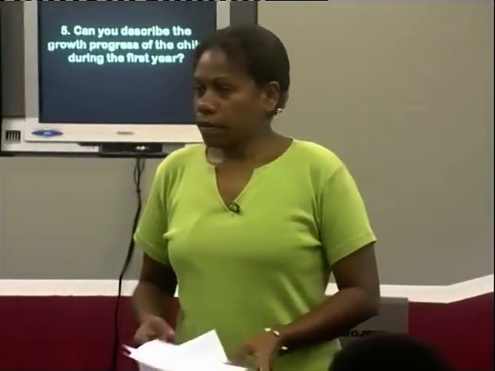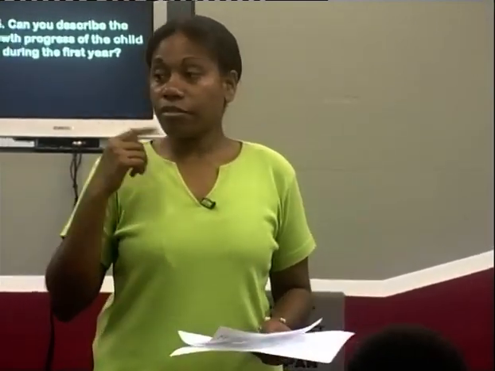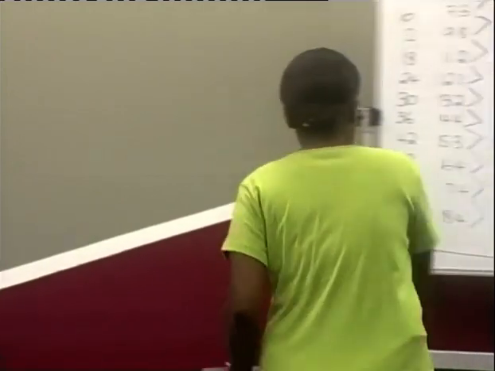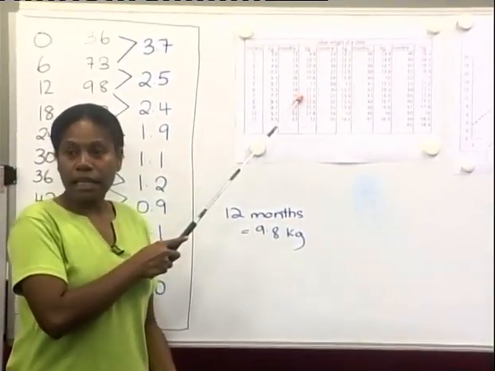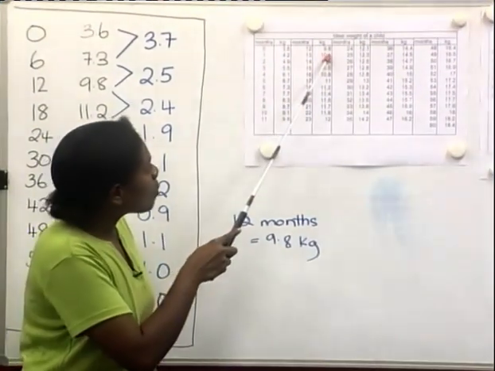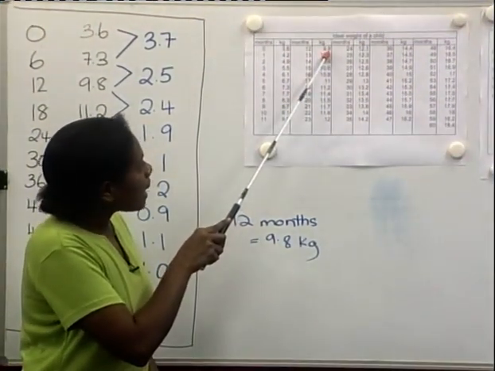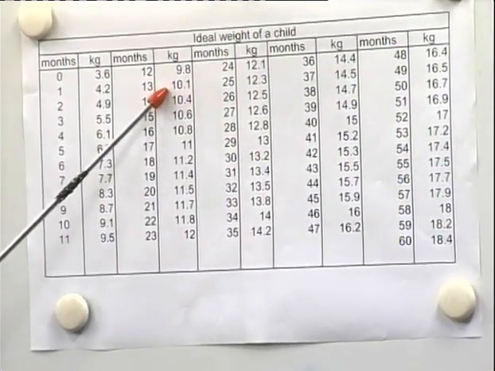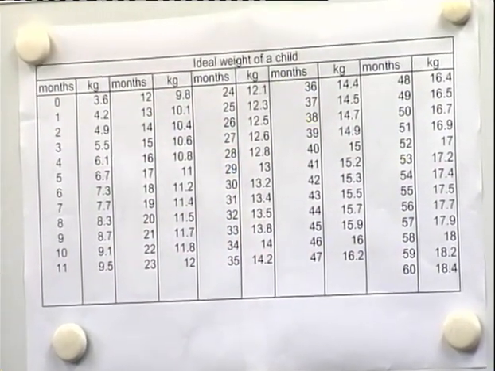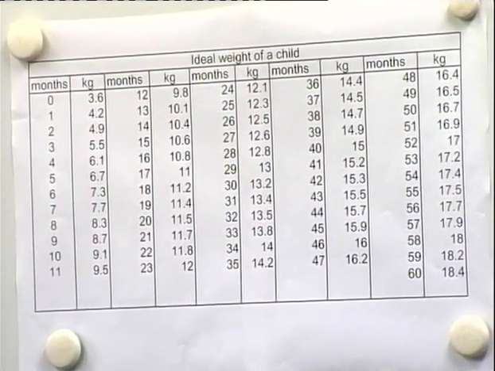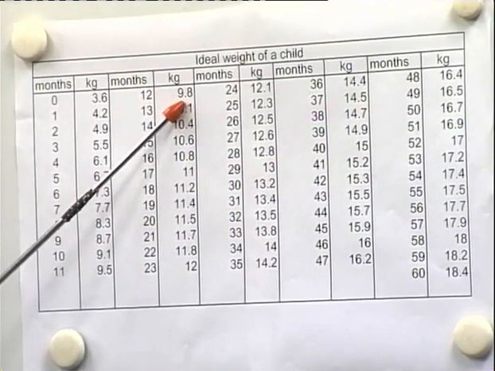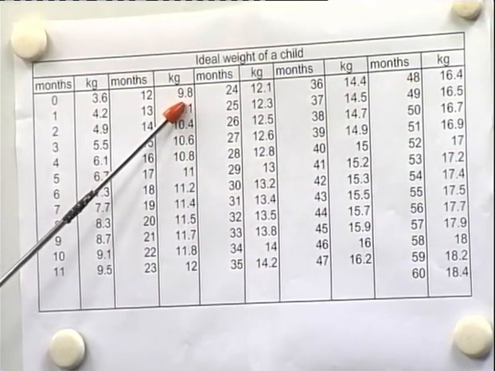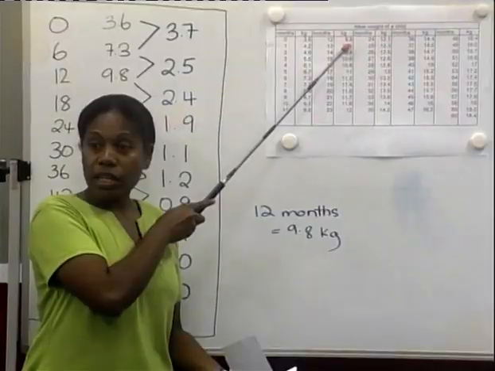What? How many more kilos did he weigh in the first month of that year? So when he was 1 year, he weighed how many kilos? Okay, 9.8 kilograms. Now the first month of that year, he weighed 10.1 kilograms. So the question is asking how many more kilos did he weigh?